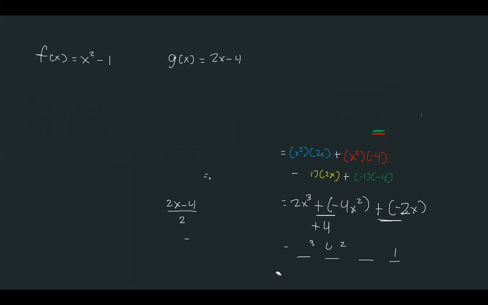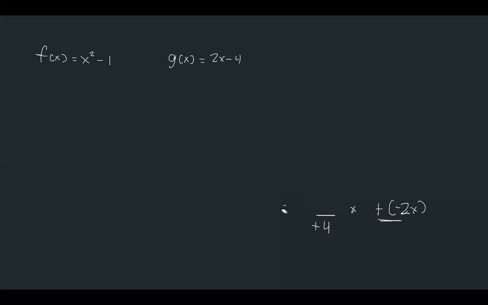If you remember, we solved f of x minus g of x. Well, what if I ask you to find g of x minus f of x, or negative f of x plus g of x, if you want to say it in a different way? So g of x minus f of x.